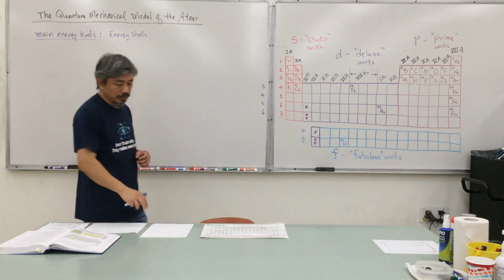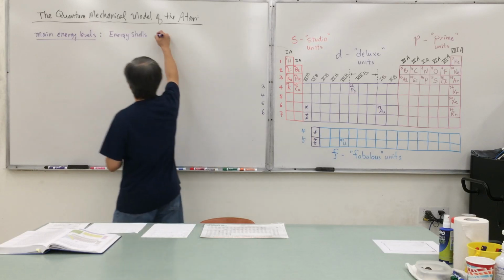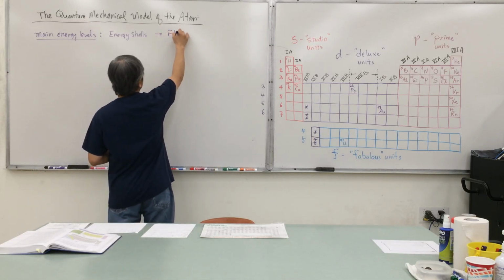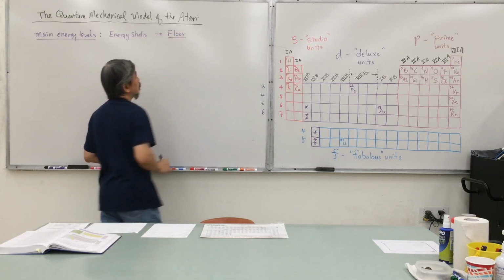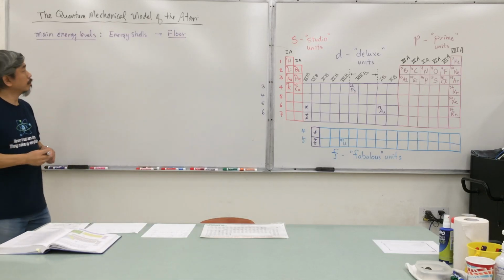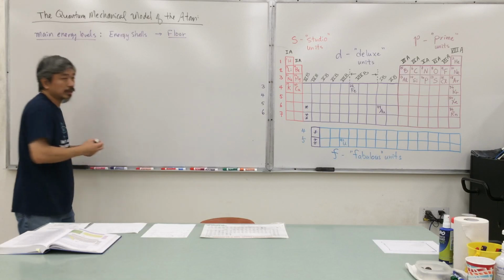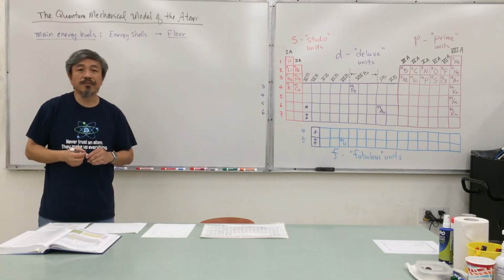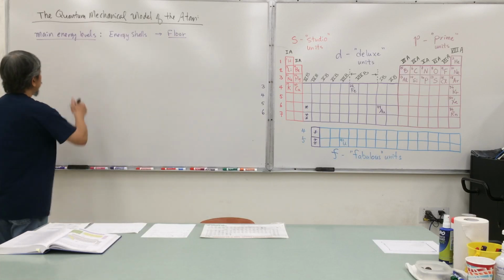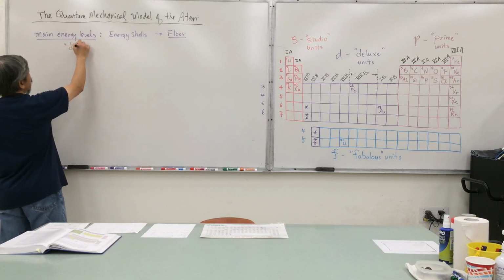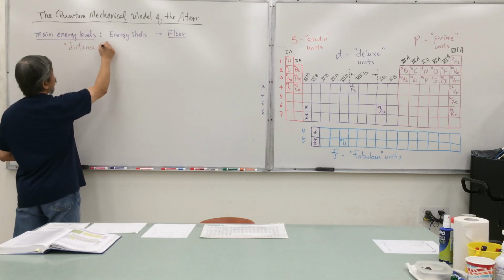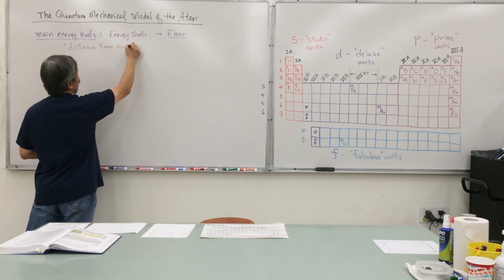You can think of this as the actual floors that are part of our condominium. In general, the main energy level tells you something about the distance that you are away from the nucleus. So this takes into account distance from the nucleus.